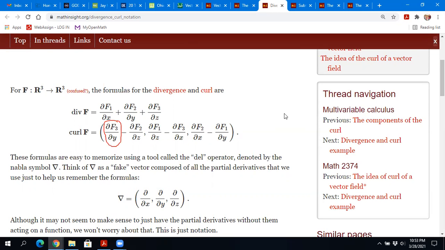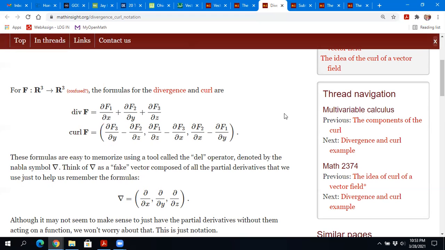Okay, and likewise, if I'm working with a vector field in two-dimensional space and I take the partial with respect to z, I'm going to get 0 because we're not moving in the z direction at all, right? Z isn't going to be appearing anywhere in those functions, just x and y. Okay, so a lot of this stuff goes away when you're dealing with vectors in two-dimensional space.